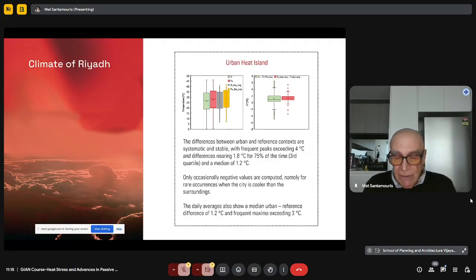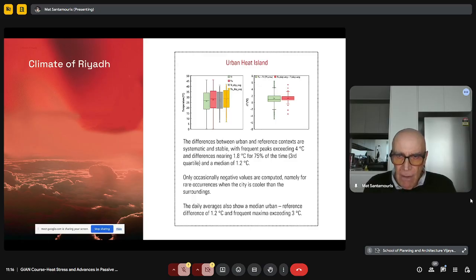This is done for different synoptic conditions and for the whole year. In reality, most of the time, the differences are close to 1.5 to 2 degrees. 1.8 degrees is the average temperature difference for 75% of the time. But under specific climatic conditions, these differences, which indicate the overheating of the city, may be as high as 4 degrees.